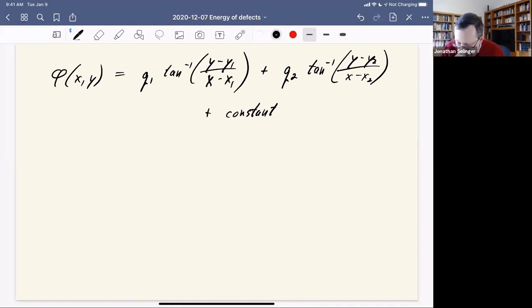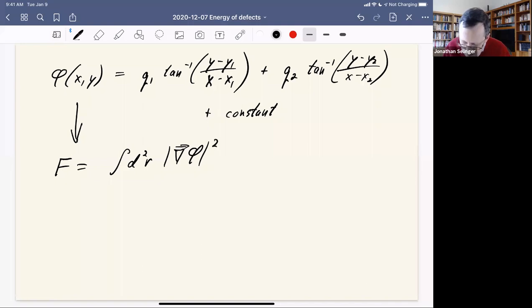Now, we can take this expression and put it into the Frank free energy. So we have F is the integral of this grad phi squared times k over 2, and integrate this over all position. When we do that, we will get some free energy that comes from the derivative of this term squared, and some free energy that comes from the derivative of that term squared.